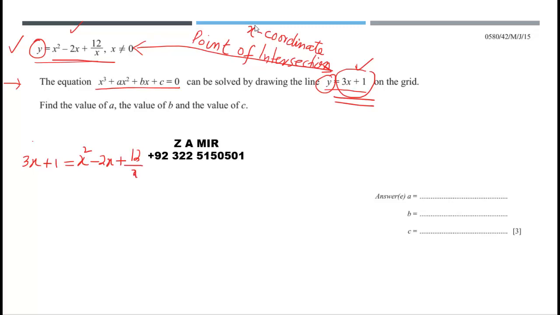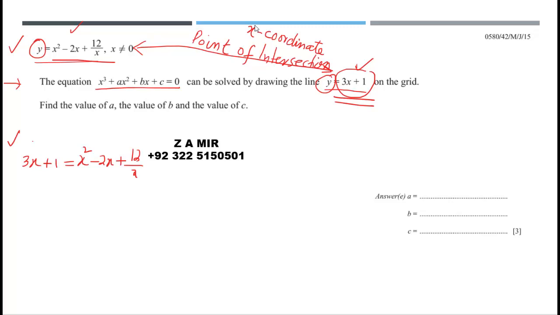Okay? So it means the solution of these two equations, or these two functions, which is the x coordinate of the point of intersection, it will be the solution of this as well, because this is the combined version of these two.